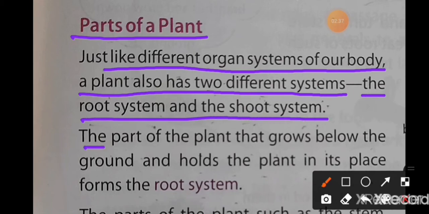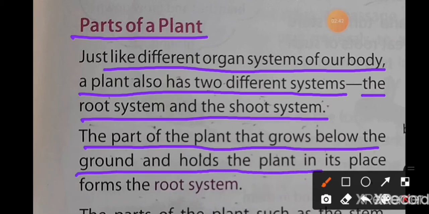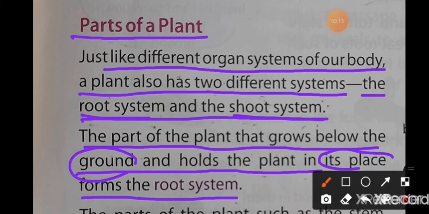The part of the plant that grows below the ground and holds the plant in its place forms the root system.